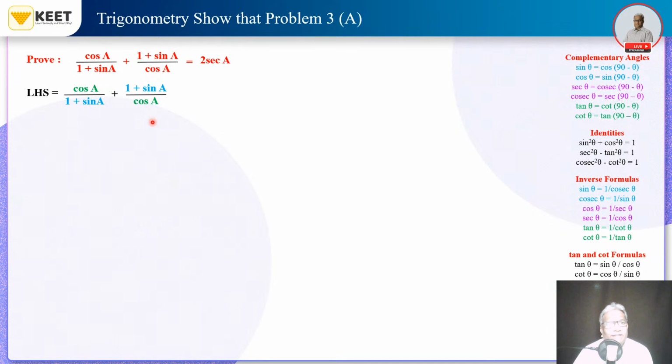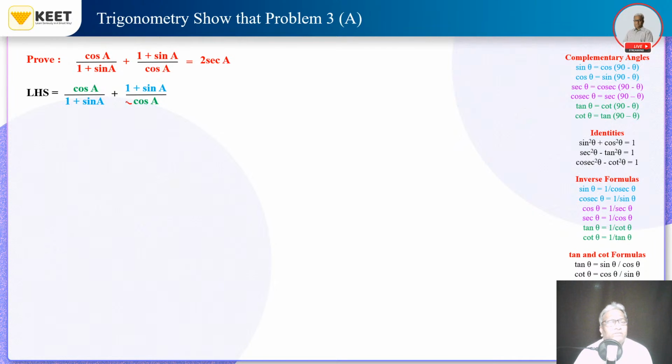Now since there are fractions, we will try to have a common denominator. The best way is to cross multiply, that is cross the cos A to this cos A and this 1 plus sine A to this. Actually it is not cross multiplication, it is the way of finding LCM, HCF type, and we go for triple multiplication. I'll show you the triple multiplication here.